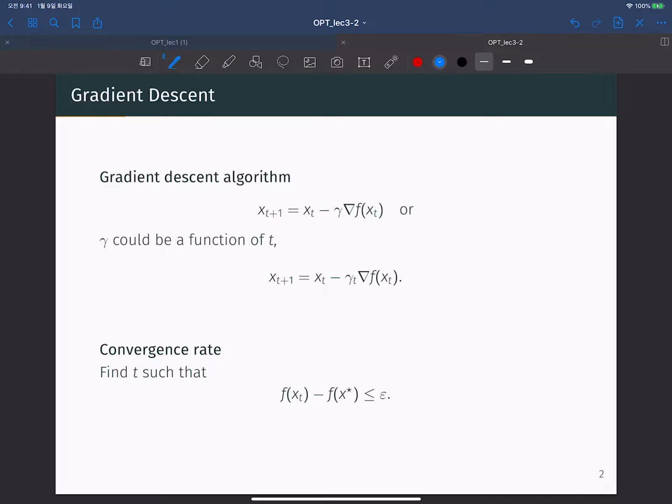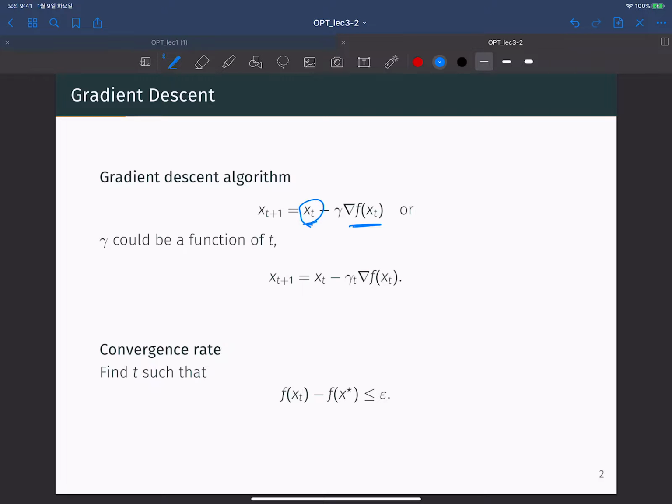The gradient descent approach is very simple. At every time we have a point x_t, we start from x_t and compute the gradient of f at point x_t, and we move x_t in the opposite direction of the gradient, because the gradient is the direction in which the objective function value increases.